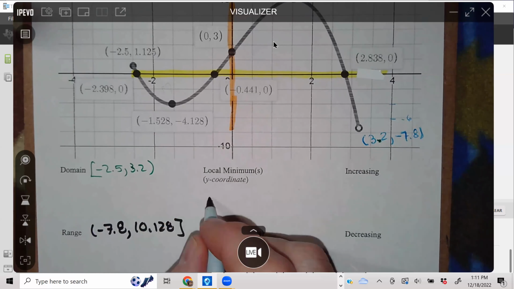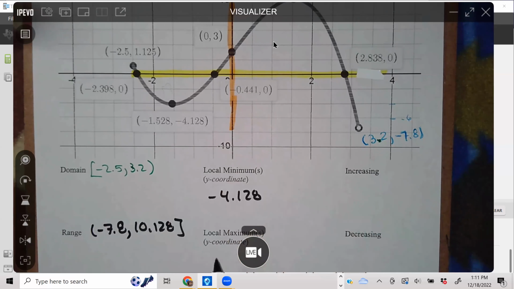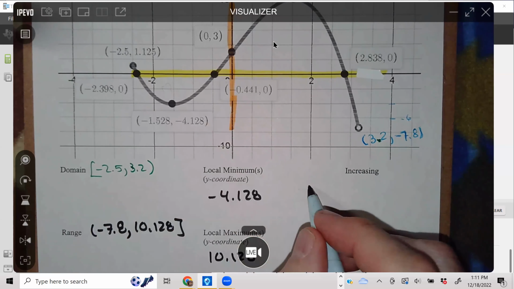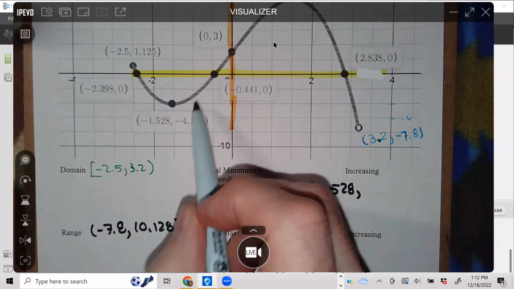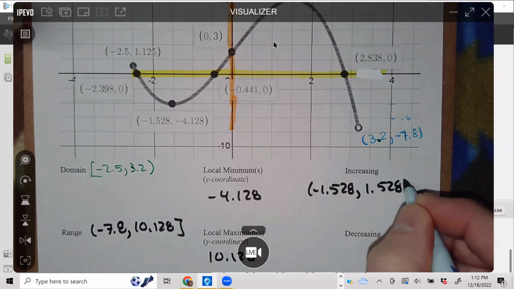This could be negative 4.128. And the local maximum, likewise, is going to be 10.128. Increasing, where is it increasing? Well, it starts increasing right here at negative 1.528. It's going to keep on increasing until it gets to 1.528.